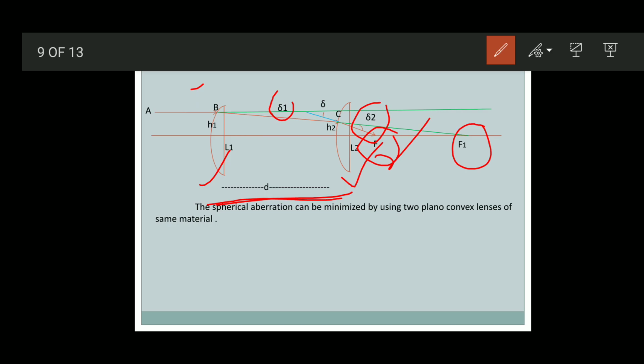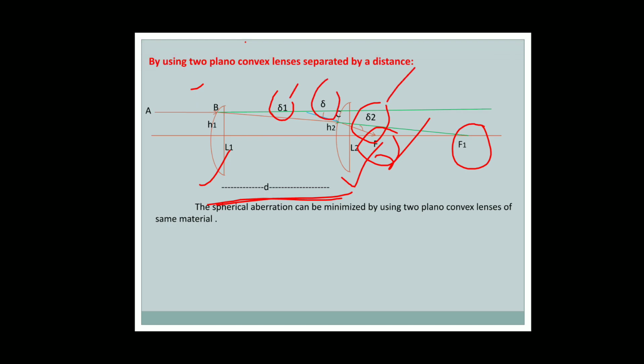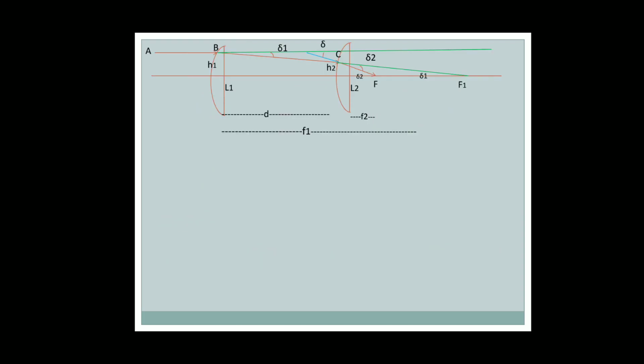The total deviation delta is equal to delta 1 plus delta 2. We know the condition to minimize the spherical aberration is delta 1 equal to delta 2, where L1 and L2 are two plano convex lenses having focal lengths f1 and f2, placed at a distance of d.